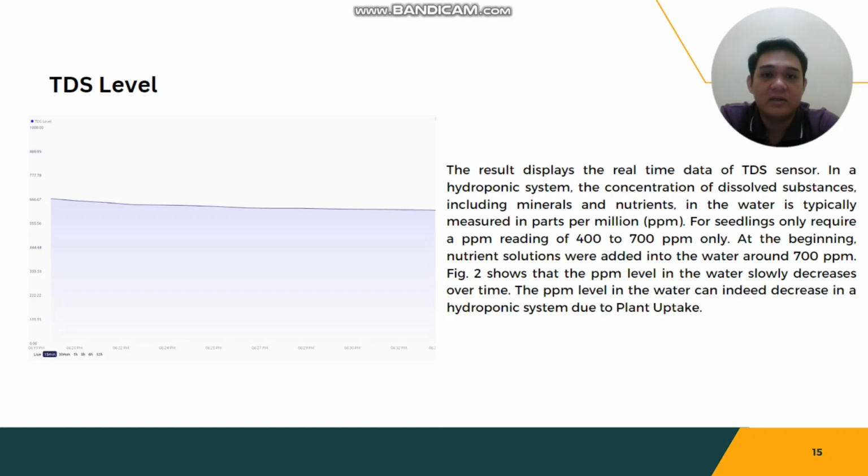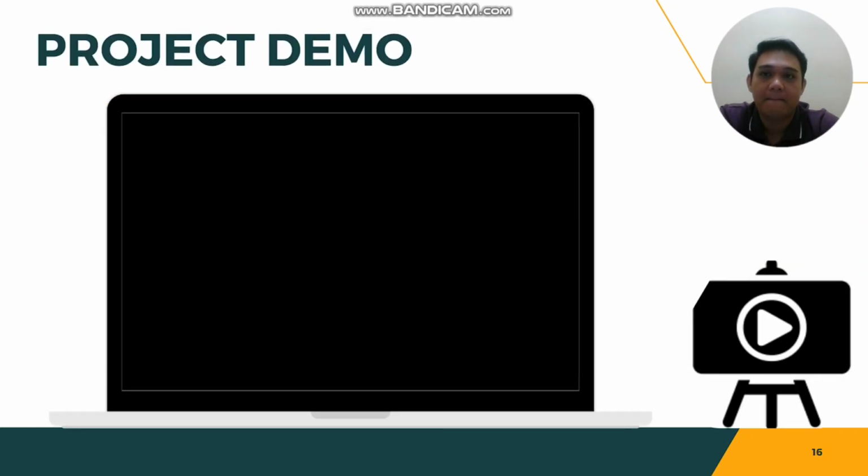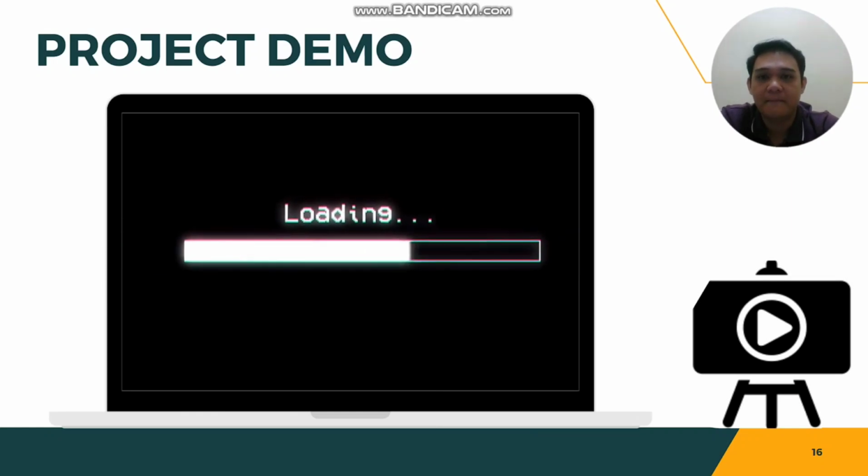The ppm level shown in the reading is around 700 ppm. The ppm level in the water can indeed decrease in the hydroponic system due to plant uptake. Okay, next we go to the project demo.